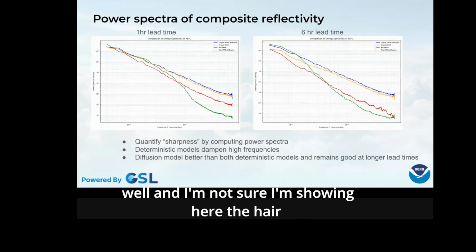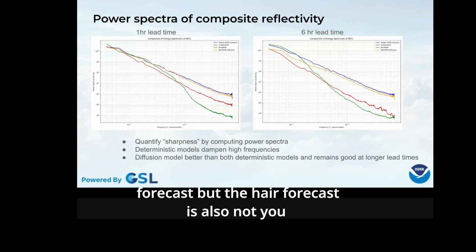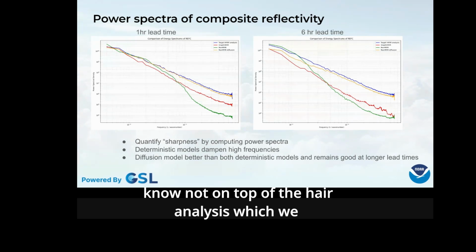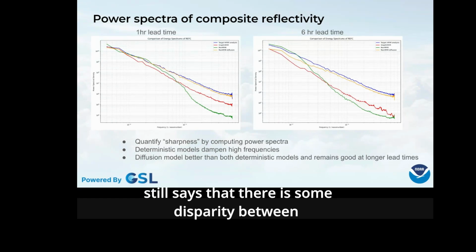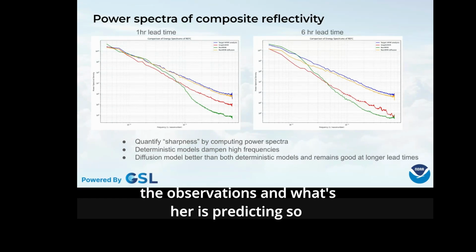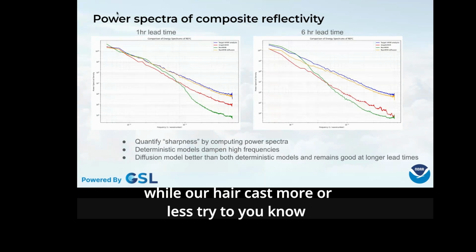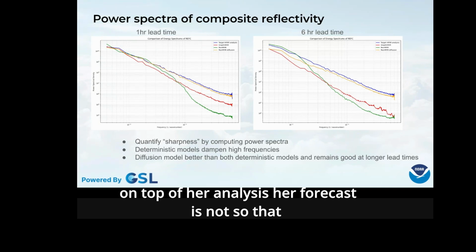And I'm not sure I'm showing here the HRRR forecast, but the HRRR forecast is also not on top of the HRRR analysis, which tells us that there is some disparity between the observations and what HRRR is predicting. So while our HRRRCast is on top of HRRR analysis, HRRR forecast is not.